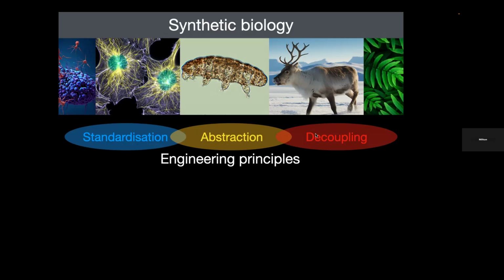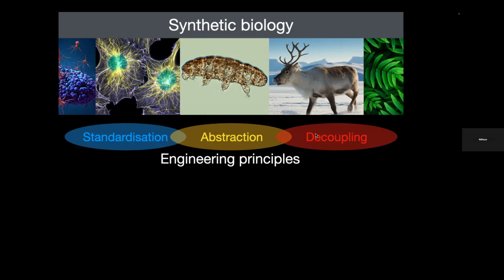Modularity is something engineers exploit to build very complex systems because they understand the flows of information and processing. We can use that principle to understand natural biological systems, or even implement these features in them to make them easier to modify. So these are general principles that we can apply to that problem.